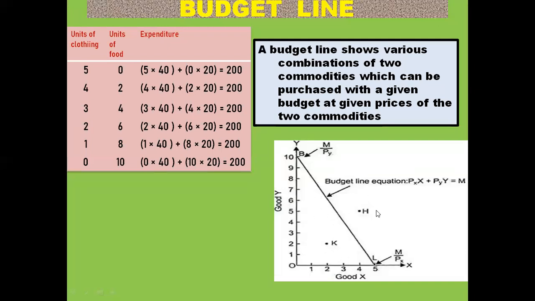Now, if we consider a point outside the budget line, we see that the consumer cannot afford the point H because it is outside the budget line. Here, point K is within the budget line, so it is affordable, but the consumer sees that it is an inferior set of bundles because it gives fewer units of food and clothing. So this is not affordable, and this is affordable, but it is an inferior bundle set.